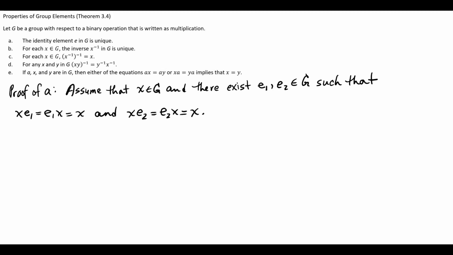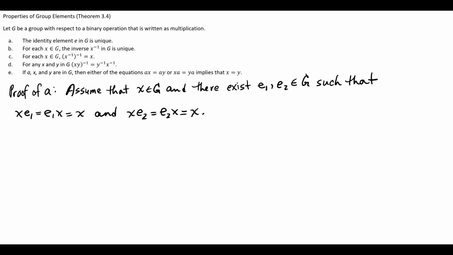So here I'm assuming that X is an element in G, and I'm also assuming that there are 2 elements, E1 and E2 in G, such that X times E1 is equal to E1 times X is equal to X, and X times E2 is equal to E2 times X, and that's equal to X as well.